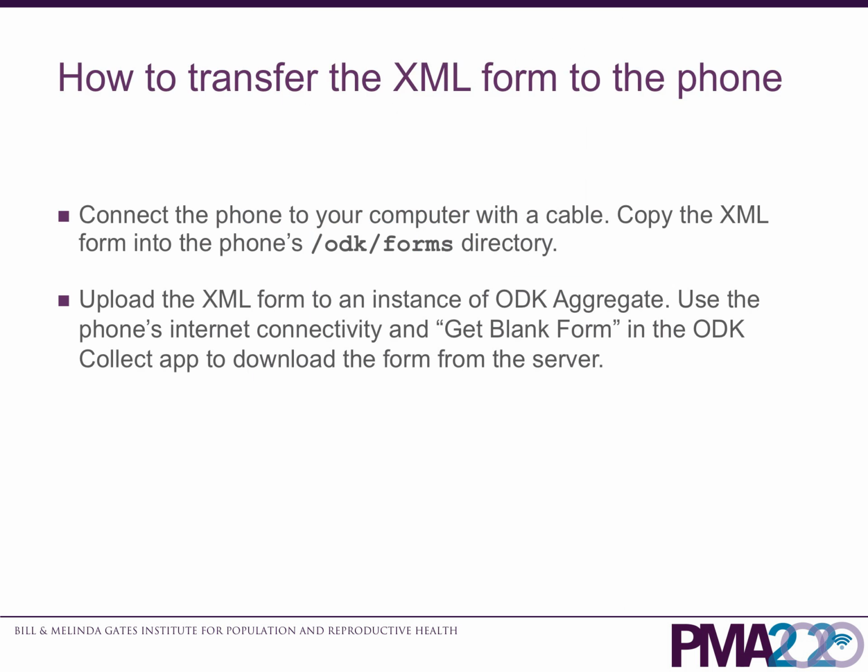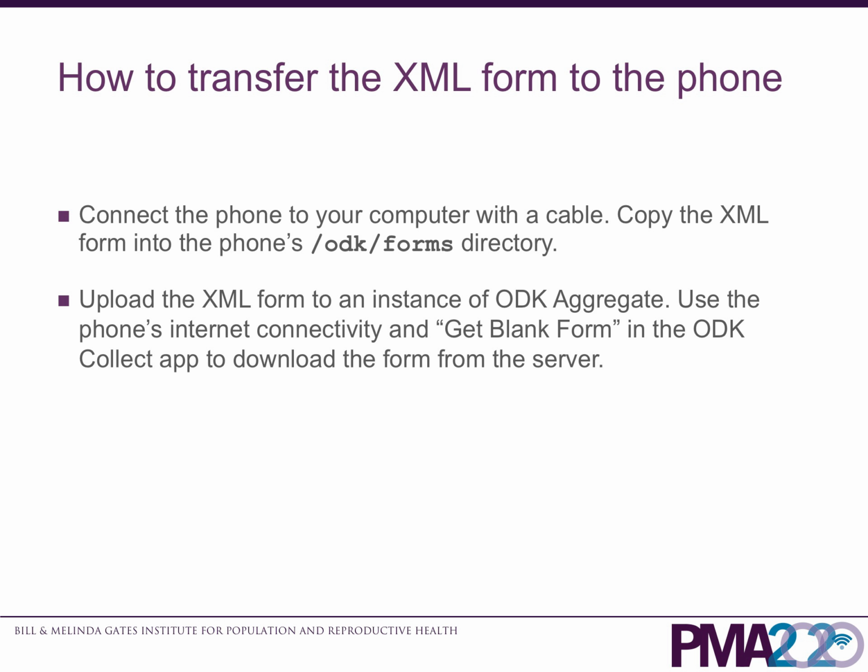Finally, when the Excel file is converted to XML, we need to get it onto the phone. ODK Collect, when it is installed on a phone, will create a directory where it keeps all its forms. We can connect the phone to the computer and, using the file system, copy the XML file into the ODK directory for forms.